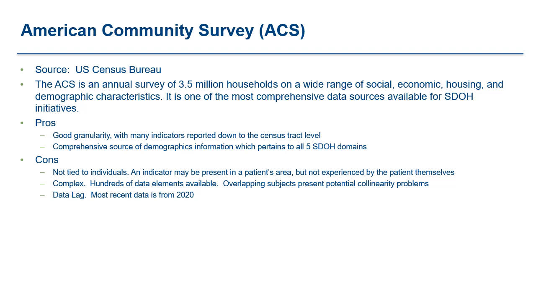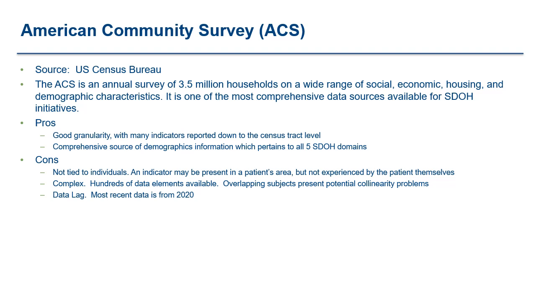There is good granularity on these, and these are geographic based indicators. Many of these can get down to the census tract level, which is a much lower level than even a zip code. So it gives you a very comprehensive source of demographics information, which can be tied to all 5 social determinants of health domains.